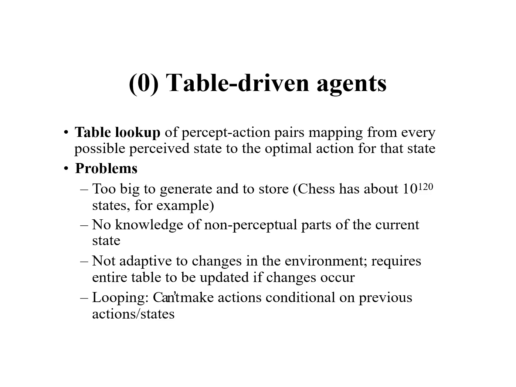Chess, for example, has about 10^120 states. Right, here we are using table-like structures to store memory, and if we want to store the data for a chess game, we need to store 10^120 states. It's a lot of data to store, right? And there is no knowledge of the non-perceptual parts of the current state.